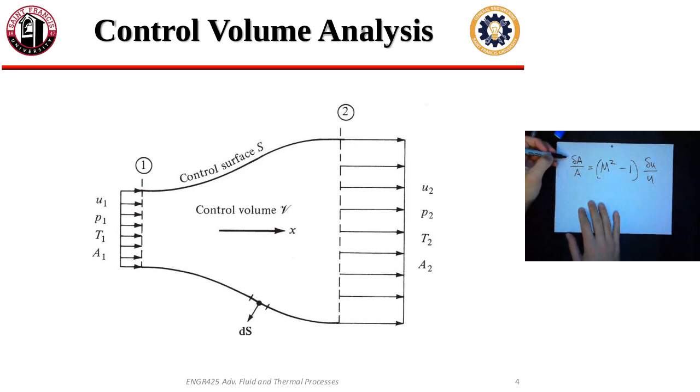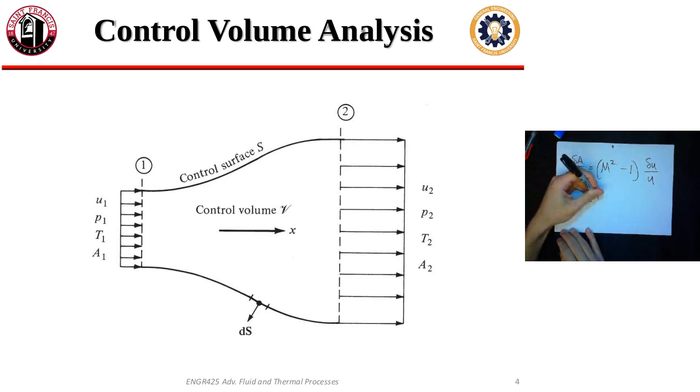So we looked at how a change in area and change in velocity at a given Mach number, subsonic or supersonic, affected each other. If I have a converging duct, that is a subsonic nozzle.